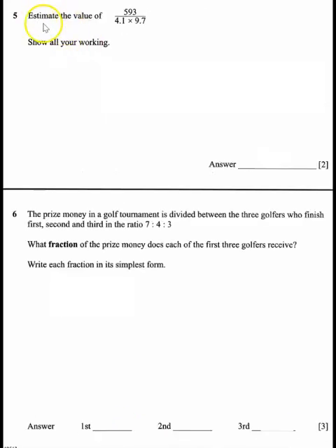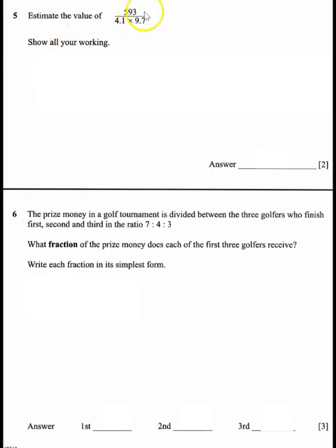Question 5, it says estimate the value of 593 over 4.1 multiplied by 9.7. Anytime you see an estimate on the exam paper, you're rounding these numbers. And it says show all your working. So we look at what is closest to 593.